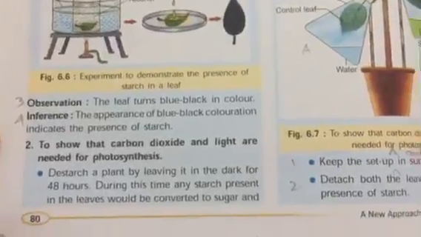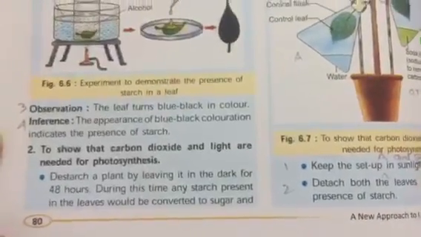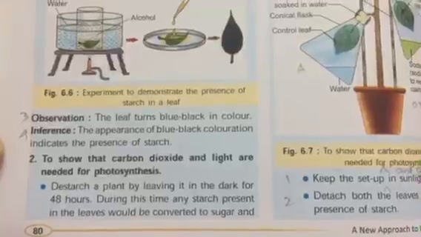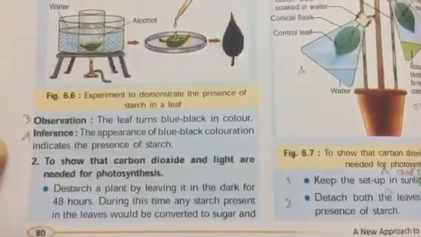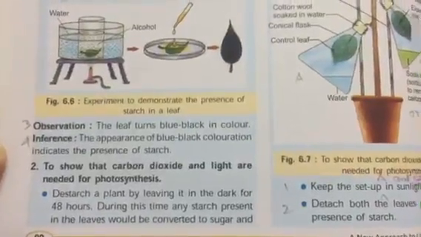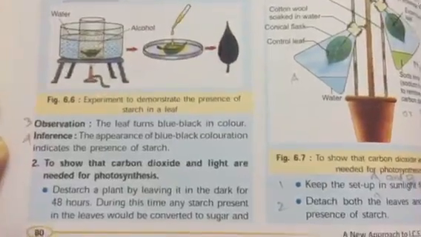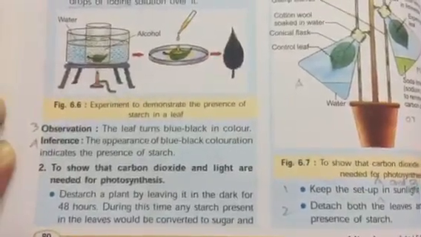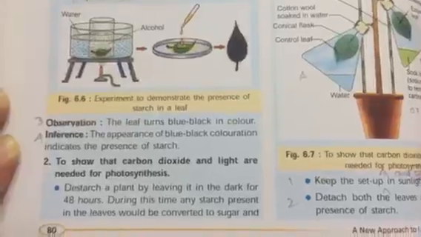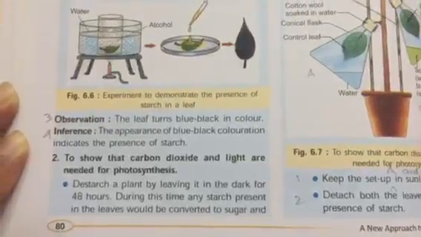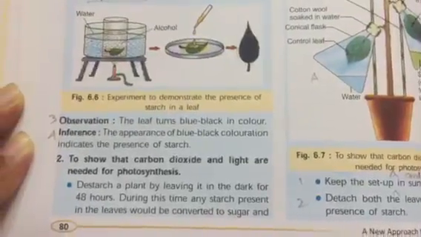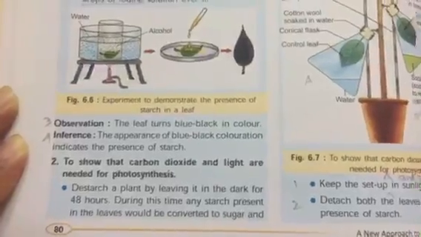Then for experiment number 2, you can write: to show that carbon dioxide and light are needed for photosynthesis. You can always use the pause command. That is why I am also going a bit slowly, and you can stop the video and write it.